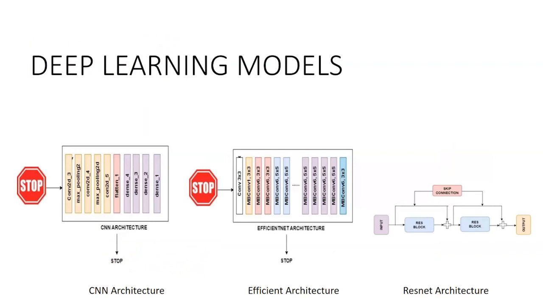This was designed by us according to our need, like which dense layers we needed, max pooling and everything. Then the EfficientNet architecture. In all the models, we have used transfer learning and modified it according to our own needs, the size and output. And finally, the ResNet architecture.